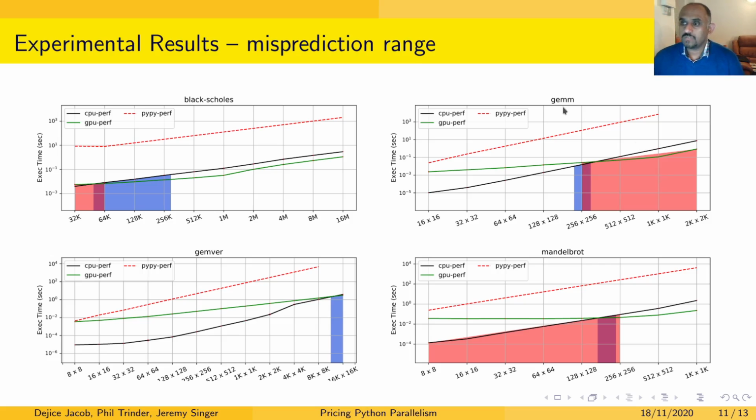So you can see for gem and Mandelbrot, the support vector machine is mispredicting over a large area, whereas the ACM is mispredicting over a much smaller range. It's slightly worse in the case of black scholes, for instance. I've only shown 4 of these benchmarks, but there are 12 benchmarks in the paper, and the experiments have been done across 3 different platforms.